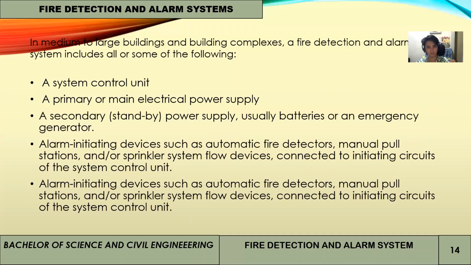In medium to large buildings and building complexes, a fire detection and alarm system includes all or some of the following: a system control unit, a primary or main electrical power supply, a secondary standby power supply using batteries or an emergency generator, and alarm initiating devices such as automatic fire detectors, manual pull stations, and or sprinkler system flow devices connected to the initiating circuit of the system control unit.